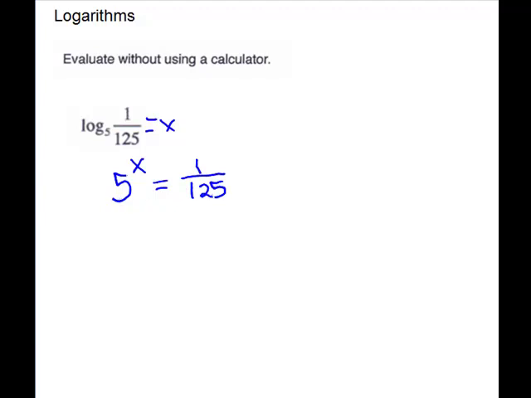If the bases are the same, then the exponents are going to be equal. So 1 over 125 is 5 to the negative 3rd. This is equal to 5 to the x. When you have the bases the same and your equation says they're equal, then the exponents are the same. So our x is equal to negative 3.